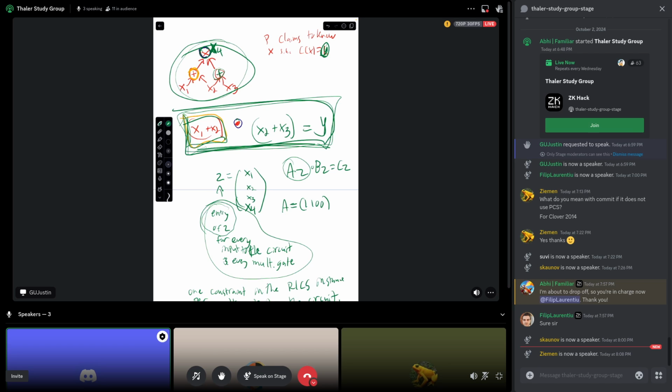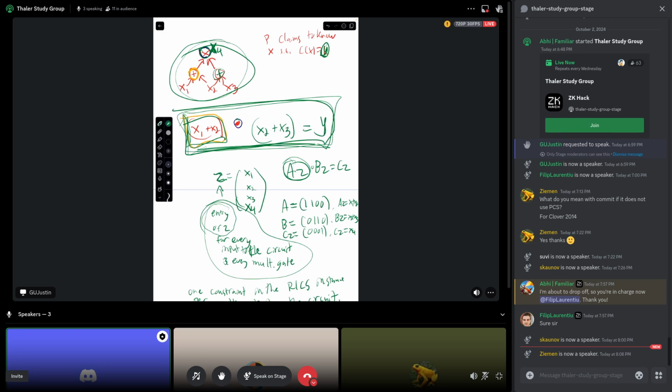This ensures that AZ is x1 plus x2. Similarly, B would also just have one row, 0 1 1 0, because that ensures that BZ is x2 plus x3. And then C would also just have one row, 0 0 0 1. That ensures that CZ is x4.